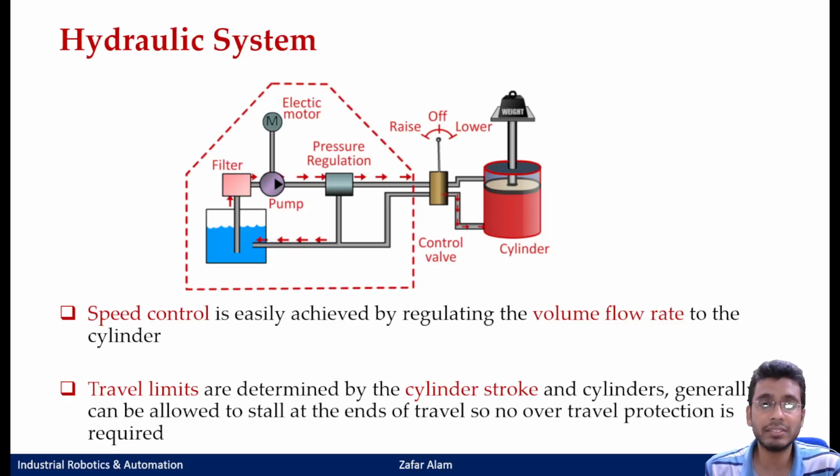Then what would happen? Your electric motor is running the pump, and your pump would keep building the pressure, not knowing that the cylinder is stuck. So what would happen? You also have a pressure regulation here, where you set a limit: if my pressure exceeds beyond a certain limit, say 150 bar or 200 bar, then that extra pressure gets diverted, and that fluid returns back to the reservoir without any further pressure being applied to this system.